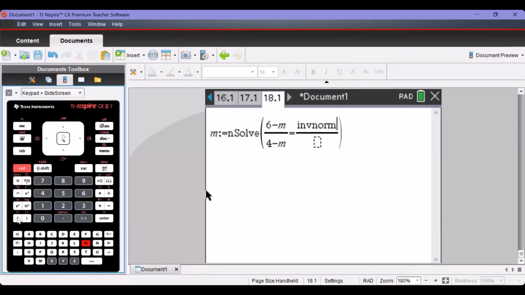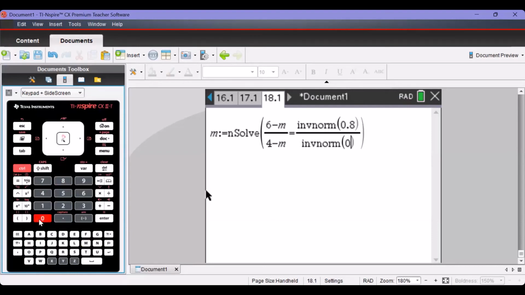So what we want here is the inverse normal of 0.8. You don't need to add anything else because it's assumed from this that we're dealing with standard normal variable z. And then down in the denominator, we're going to type in inv norm and then open bracket.